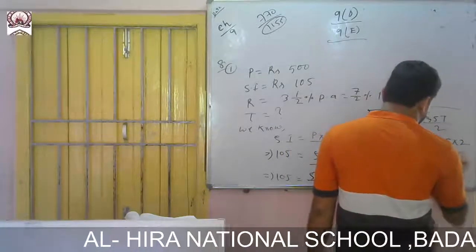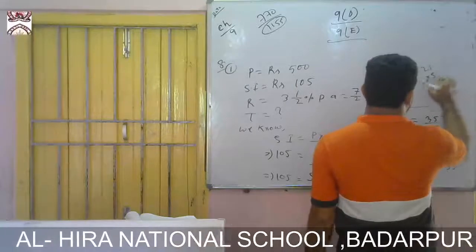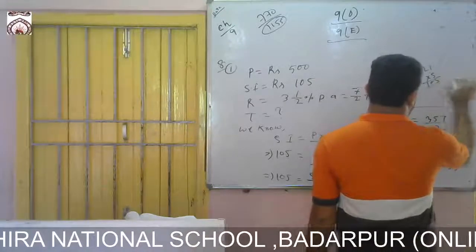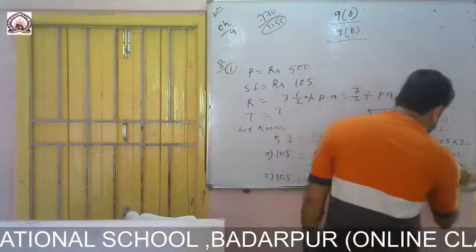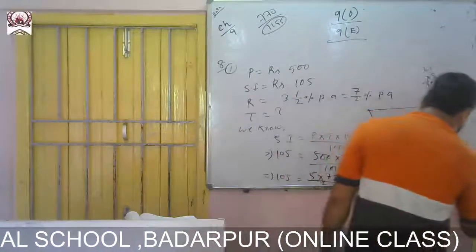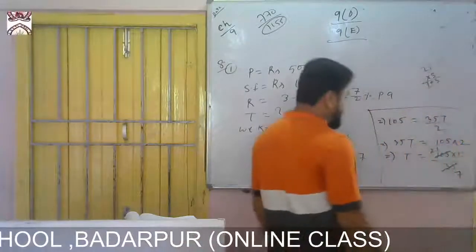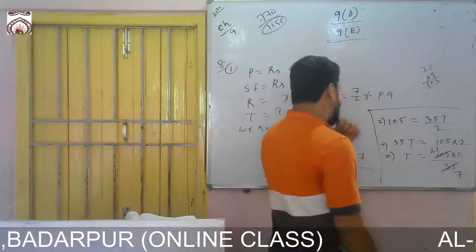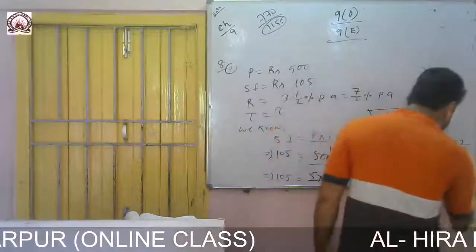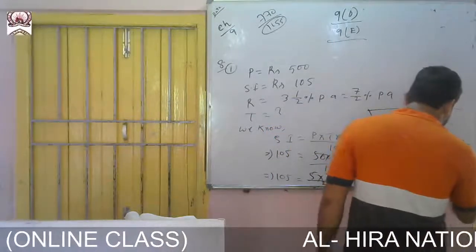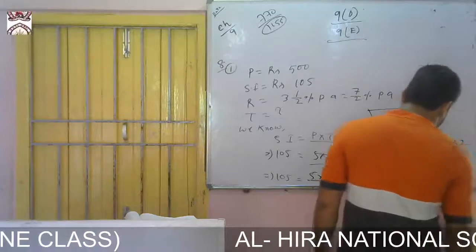Remain 5 ones are 5. So 21 into 5, it is 10. So 21, if I cancel with 7 like this, it will be 3. 7 threes are 21. Now you can cancel this one, 7 sevens are 7. 3 remain.